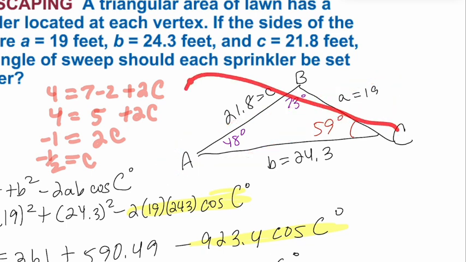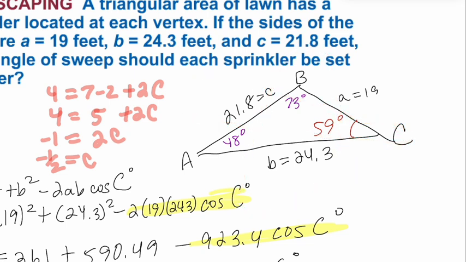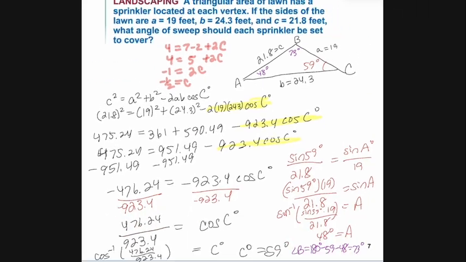Medium side is across from the medium angle, check. Largest side is across from the largest angle, check. So doing that just quick little check is really a good way to find if you made a mistake or anything.